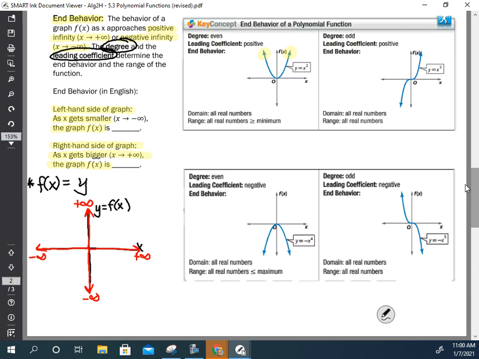First diagram, so this is what happens when the degree is even and the leading coefficient is positive. An example of this, f of x equals x squared. The degree is even and the leading coefficient is positive. So let's start off with the left.